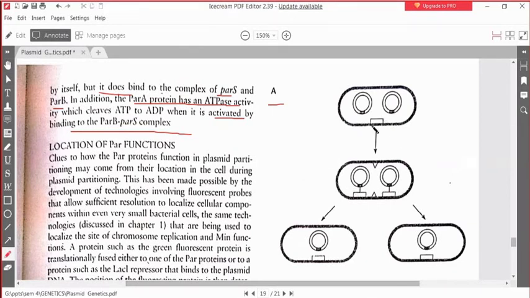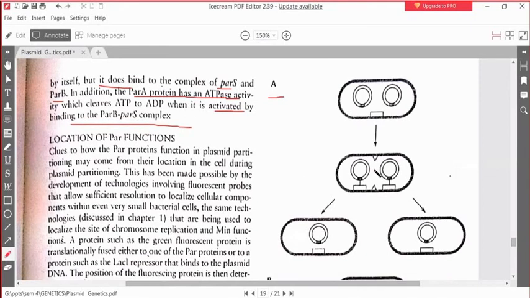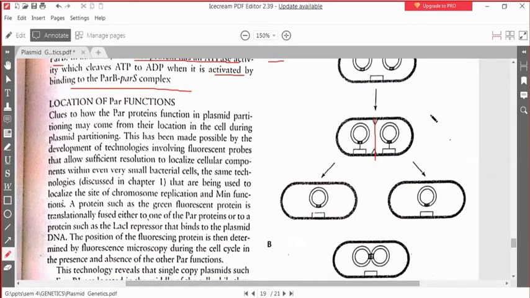So this site is already present within a cell, and via this PARS they can bind to the two ends of this site, and upon binding the two must be separated away, so that during division one cell will have one plasmid and another cell will have another plasmid. As a result, the two plasmids must be present in two different cells.